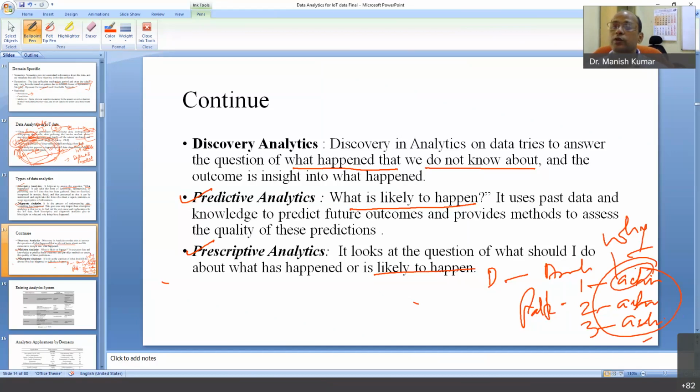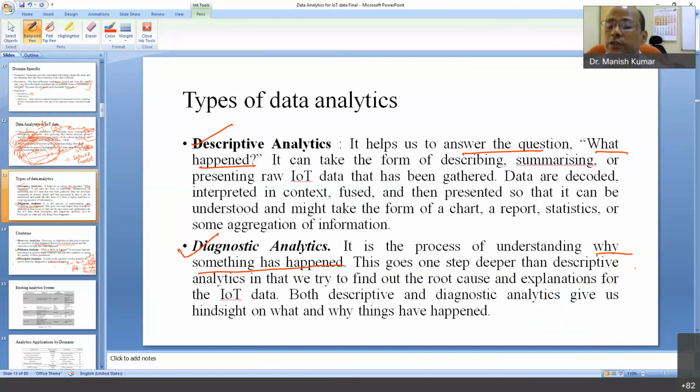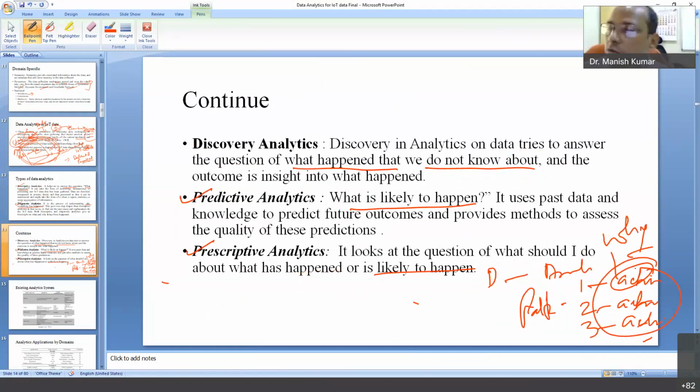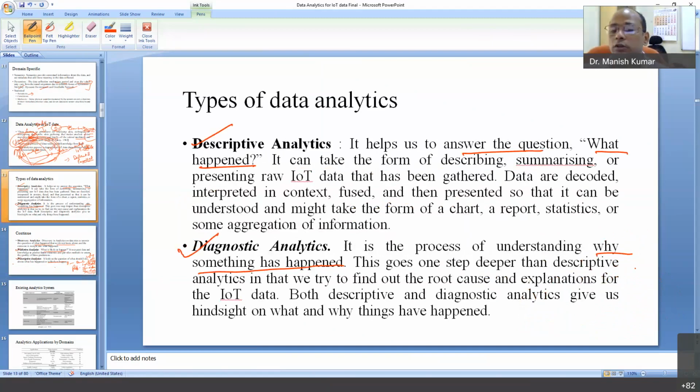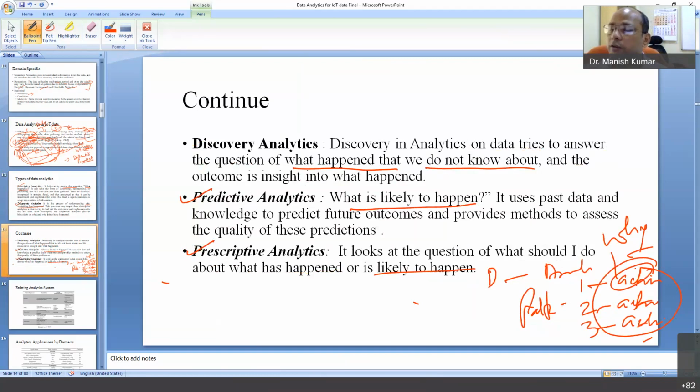So what you do is some sort of descriptive and diagnostic analysis and predictive analytics. If you combine all these three, then it becomes your prescriptive analytics. That means I'm looking at what happened, why something happened, and what is likely to happen.